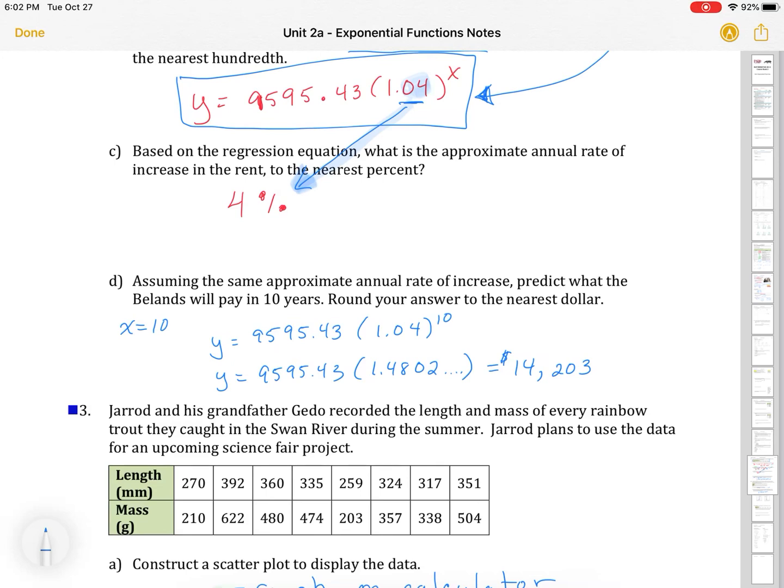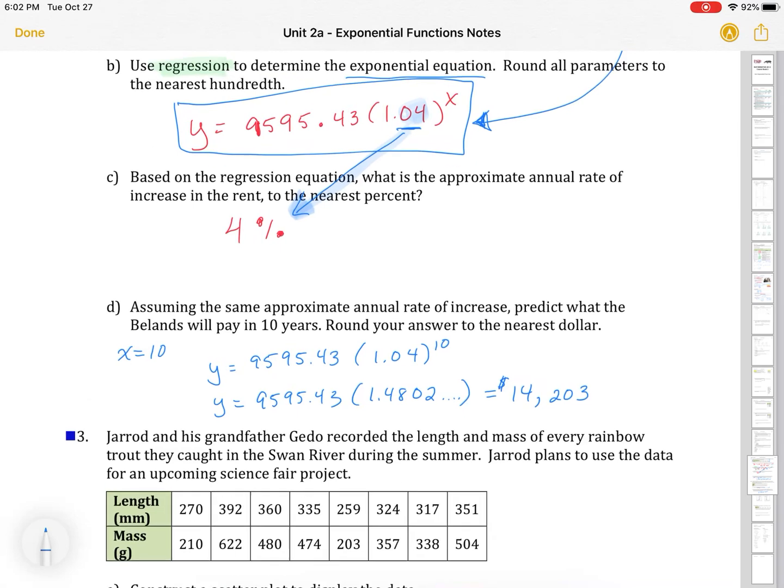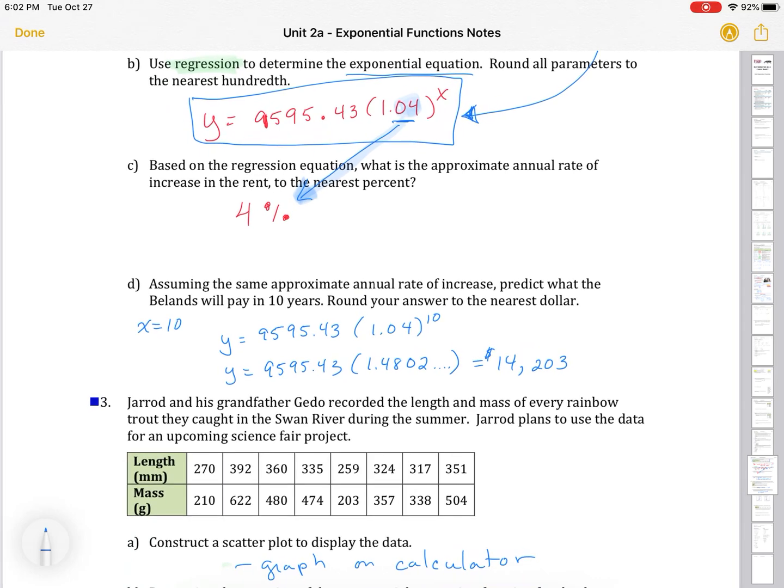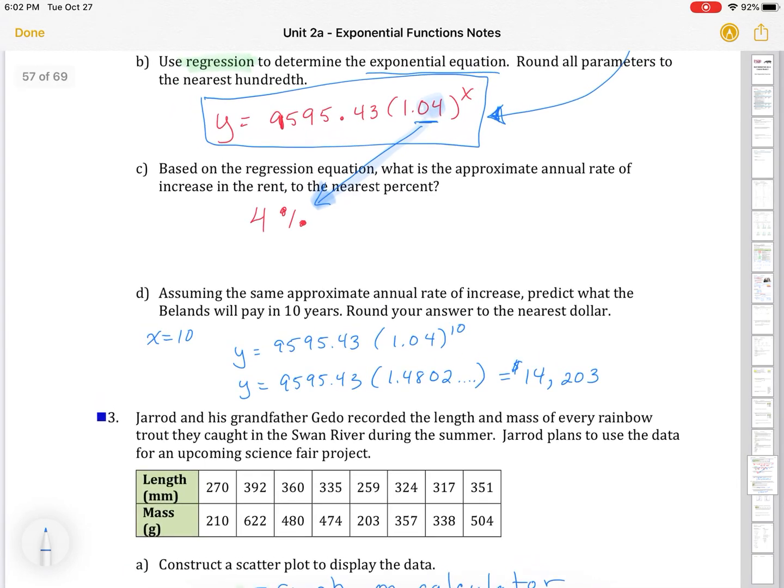I don't know, they must not have rounded their equation. When you do the regression, I didn't actually do the regression, I just took this off of the answer key. So I'm going to double check that. It might be an error. If we do that actual regression, if this is what you're getting, then you're okay. You're using that equation to get it.